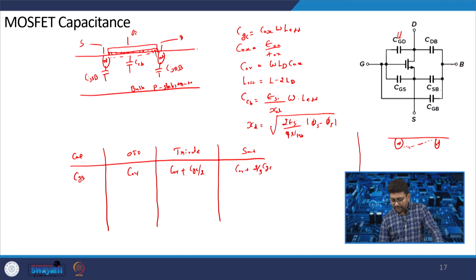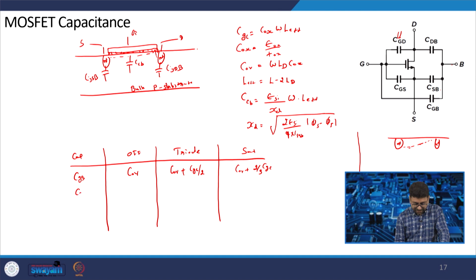So 2/3 of the electrons are at the source side, and that is causing the 2/3 CGC. Because of that, in saturation you have a larger CGS.